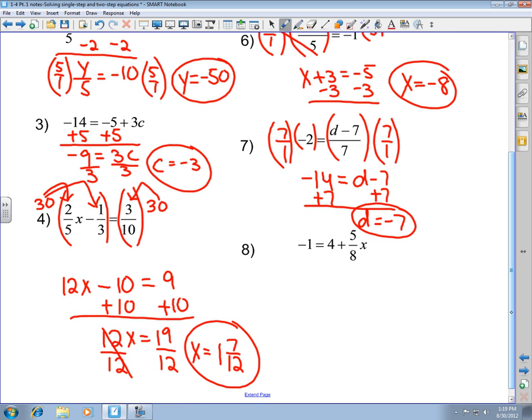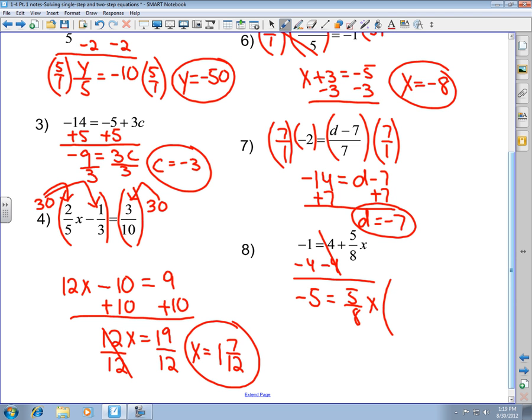And last but not least, for this particular case, it's just a regular two-step equation. I'm going to undo addition and subtraction first. So I'm going to subtract 4 from both sides. The 4's cancel here. I've got negative 5 equals 5/8 x. How do I get rid of that fraction or a denominator that's being multiplied to a variable?